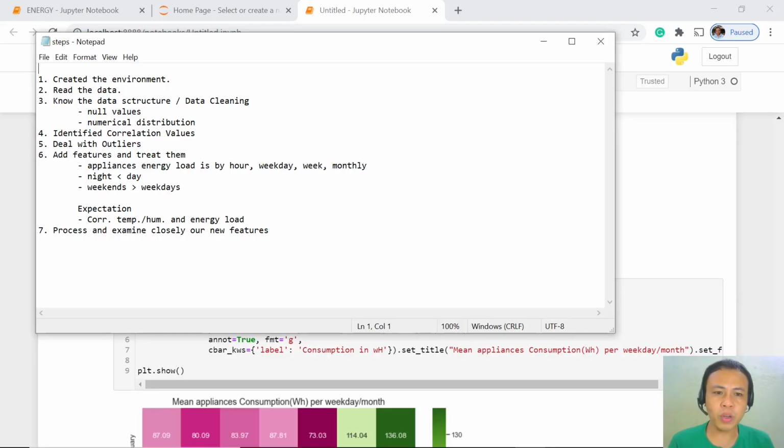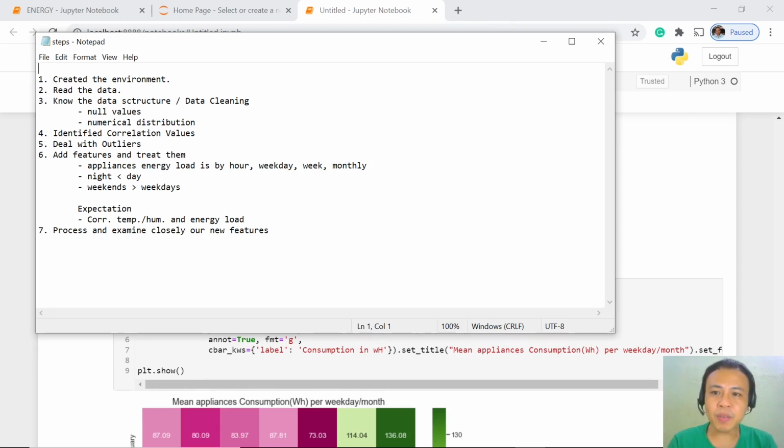Before we move on to a lot more processes, let me first review the different steps that we have already undertaken. The first thing we did was we created our environment, then we read the data, and we also considered understanding the different data structures, and then we also did the data cleaning. We identified the null values and we studied the numerical distribution of the different variables that we have.